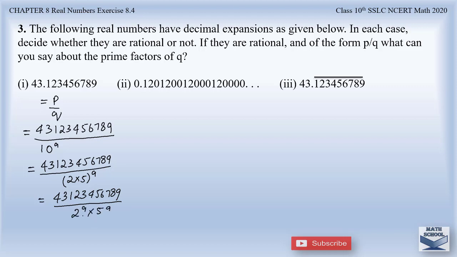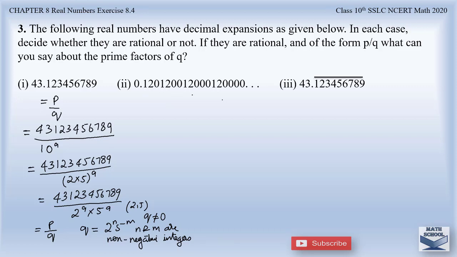Here we can notice that the denominator is in the pair of 2 and 5 with equal powers, right? So we can say that this decimal expansion is of the form p by q, where the factors of q are of the form 2 power n and 5 power m, where n and m are non-negative integers, right? And q is not equal to 0.